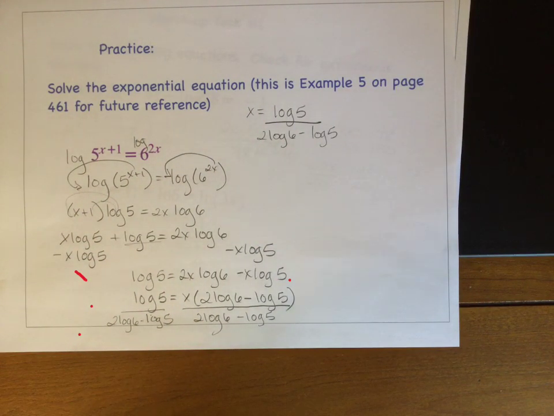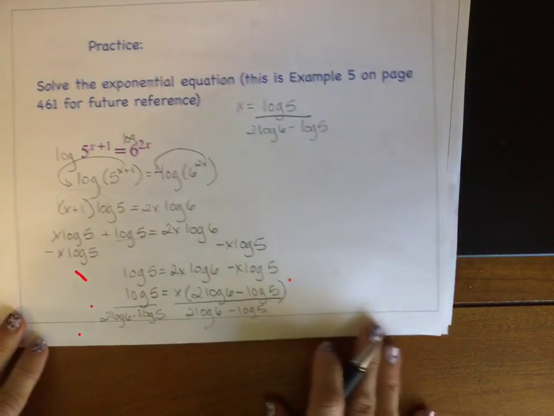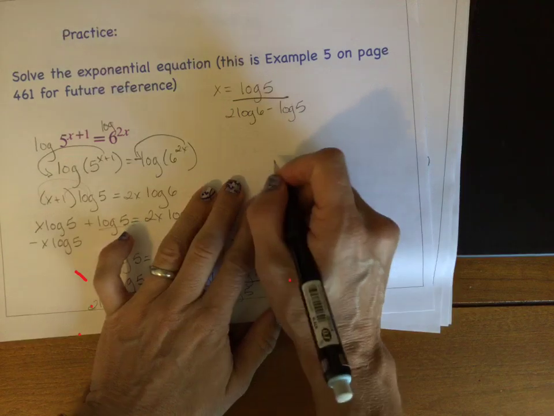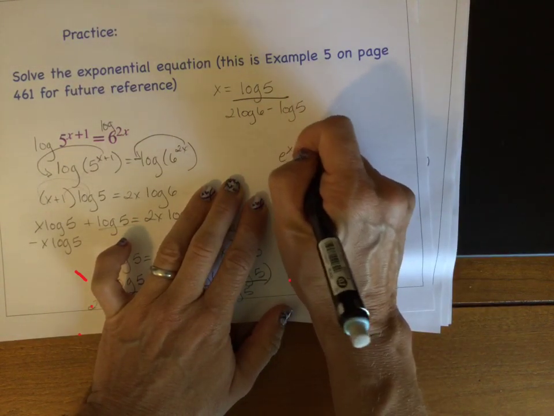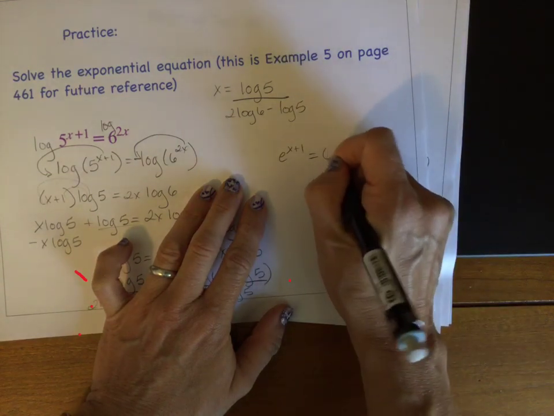All right. I want to just point out how this is different than what we were doing before, where logs undo exponents and exponents undo logs. You might have had something like this, where e to the x plus 1 equaled just 6.